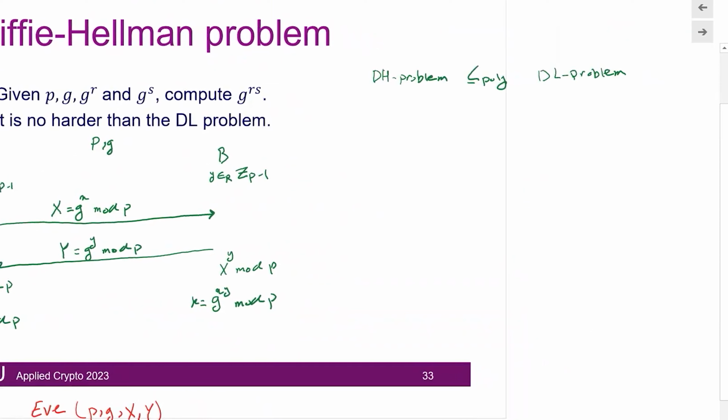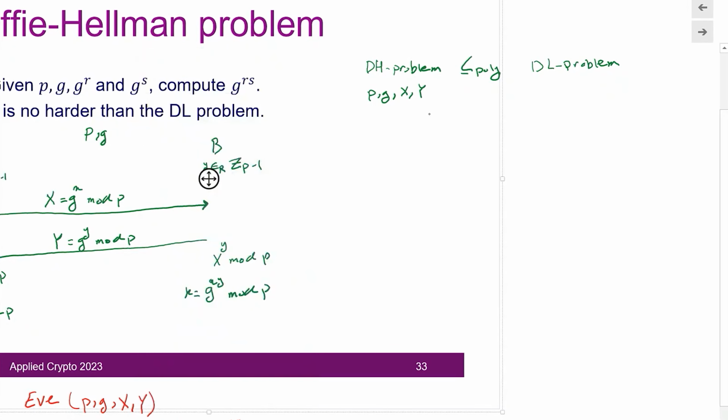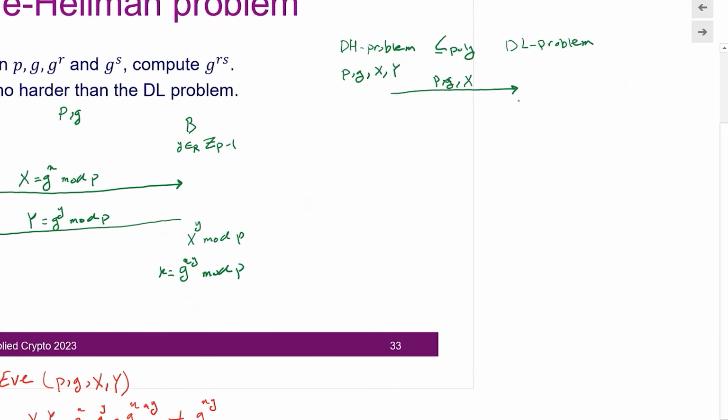So we can do this reduction now that this is clear. We can say that for the Diffie-Hellman problem, we have P, we have G, we have capital X, and then we have capital Y. And we want to see how we can reduce this to a discrete logarithm problem. I think it should be fairly easy for you guys to see. We can send P and G, our conversion function is very easy, and capital X to the discrete logarithm problem.